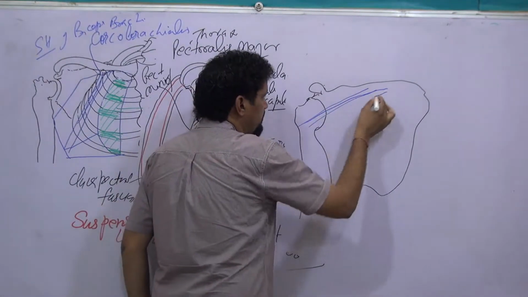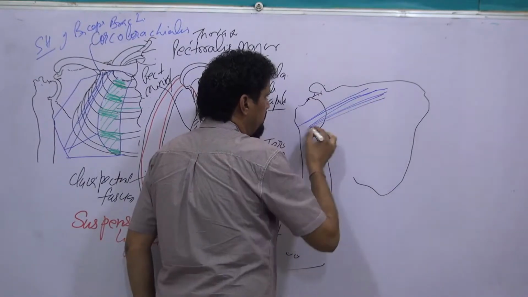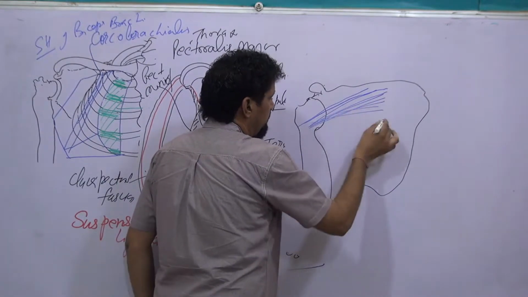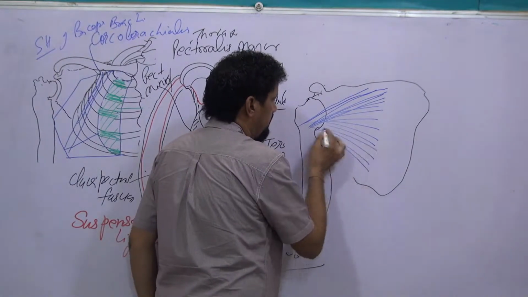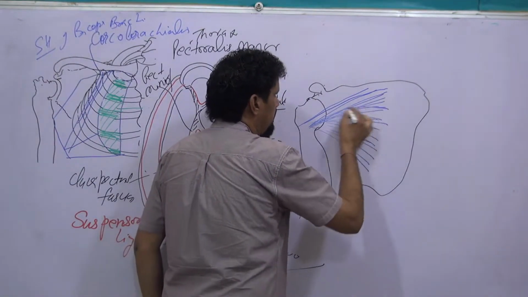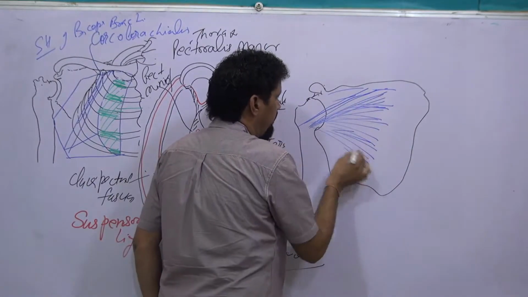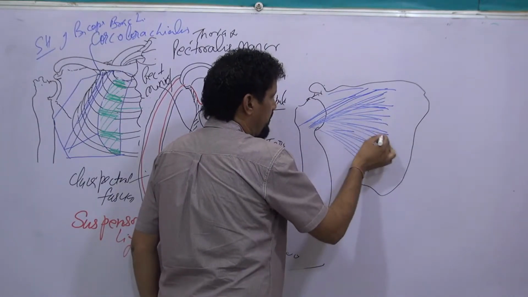These are the fibers of the subscapularis muscle, forming the part of the rotator cuff.